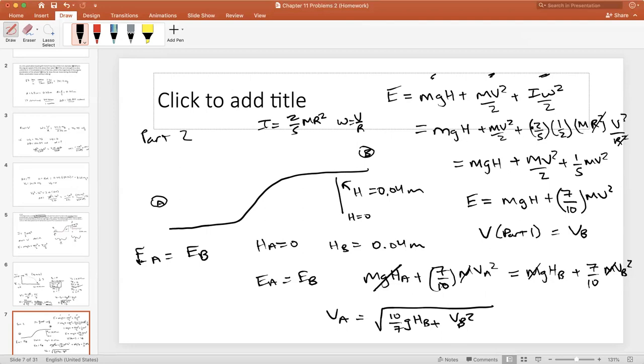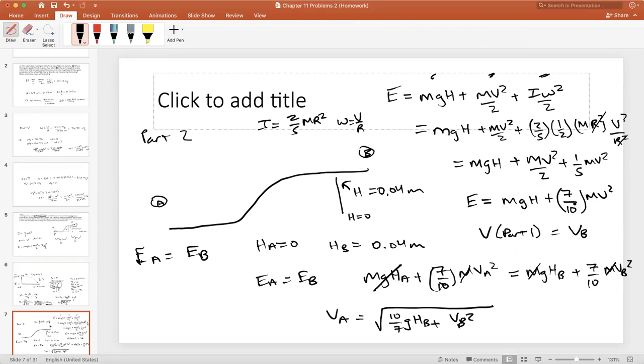You get this all in terms of V. That's to eliminate variables, since we don't know what omega is. And in fact, we didn't know what m or r were for the little ball, the little sphere. And it turns out we didn't need to know what they were, which is cool.